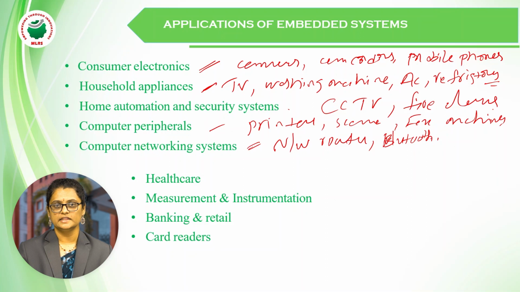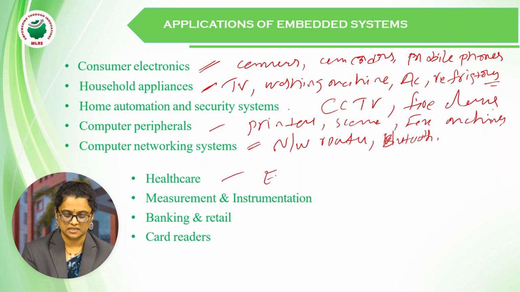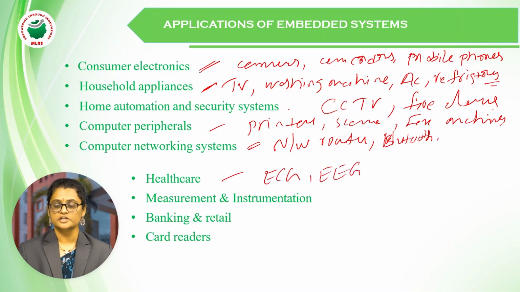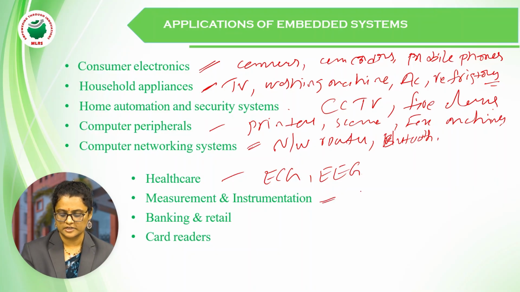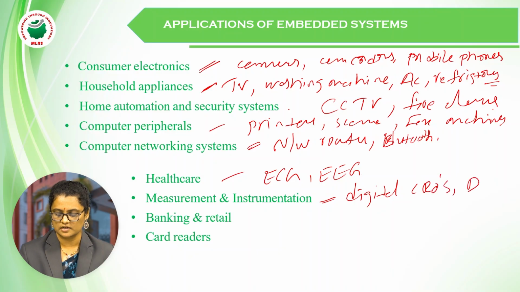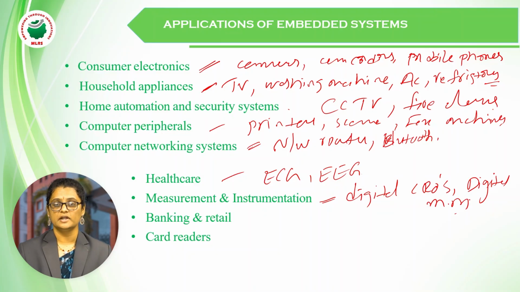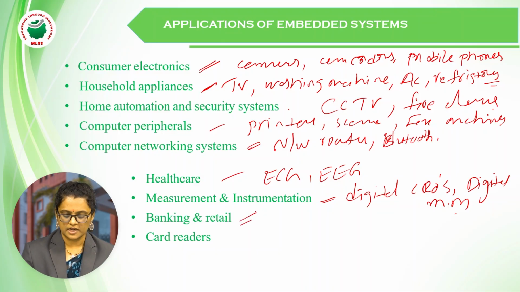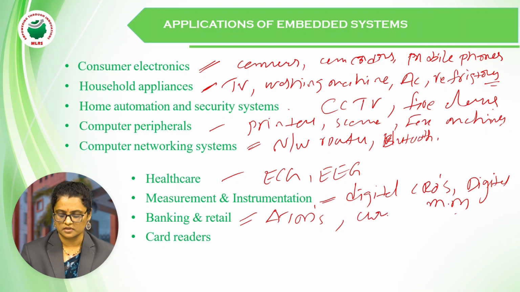And then coming to healthcare. In healthcare, we can take many scans, like ECG, EEG. And then measurement and instrumentation. Digital CROs and digital multimeters are the best examples of measurement and instrumentation. And then banking and retail. In banking and retail, you can use ATMs and currency counting machines.